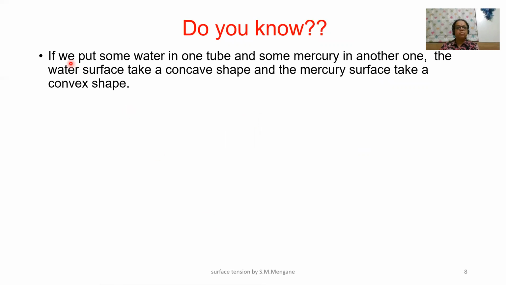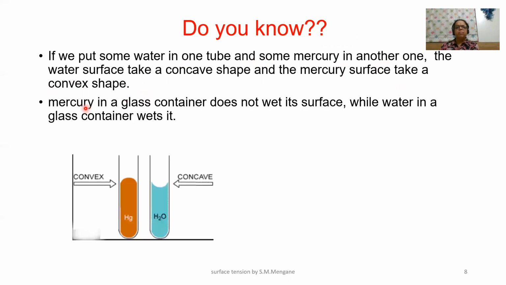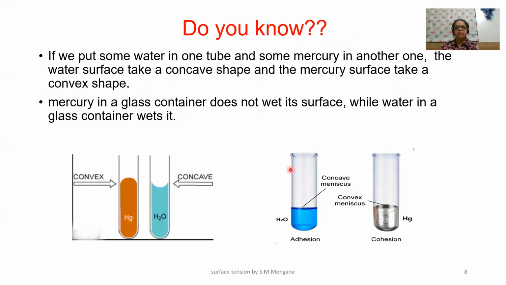We also observe that if we put some water in a tube and some mercury in another, the water surface takes a concave shape and the mercury surface takes a convex shape. Mercury in a glass container does not wet its surface, while water in a glass container wets it.